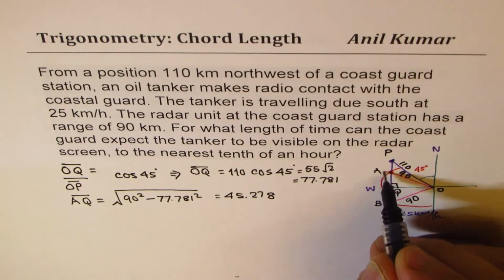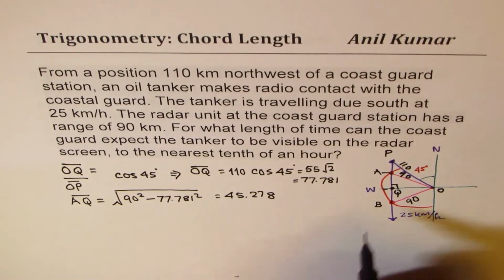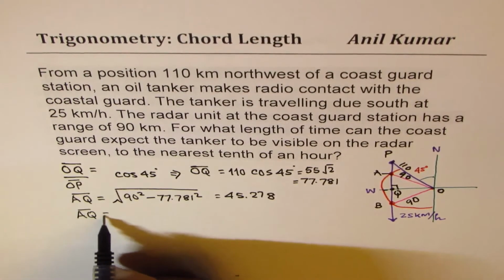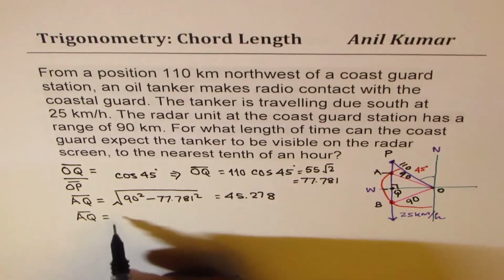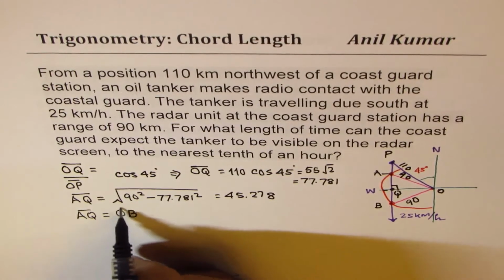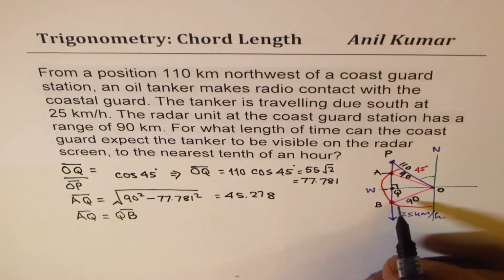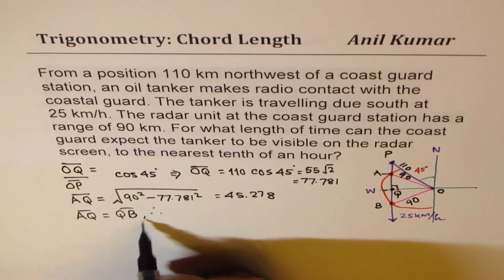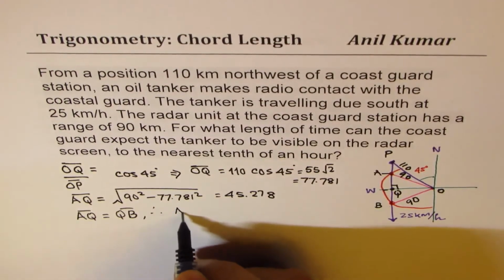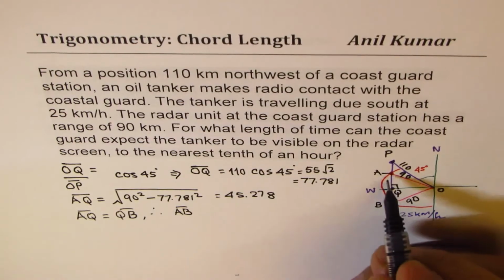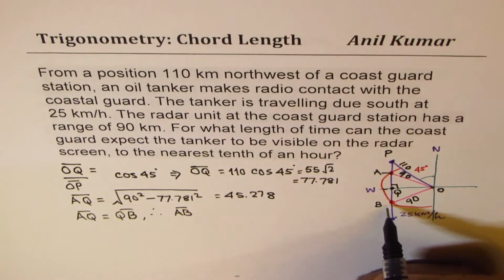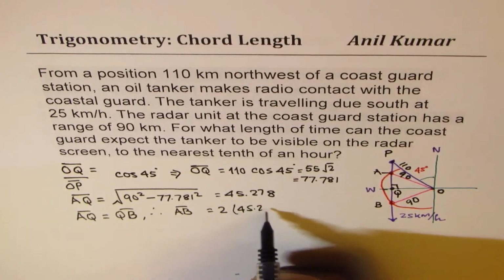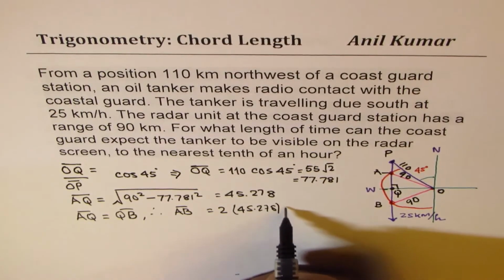So we know what AQ is. Now we also know that AQ should be equal to QB, from the symmetry, correct? And therefore, we know that AB, the duration when the tanker is visible, is 2 times 45.278.